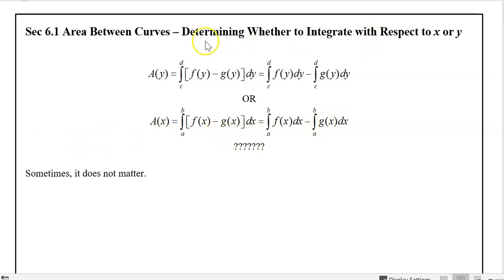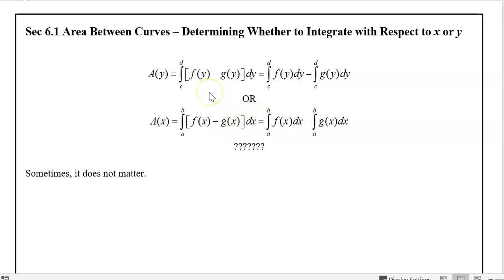There are two different formulas that you will need to use in order to integrate with respect to x and with respect to y. The primary difference is that you must solve the equation for y in terms of x in order to use the integral with respect to x. Your limits of integration must match the differential and be x values.